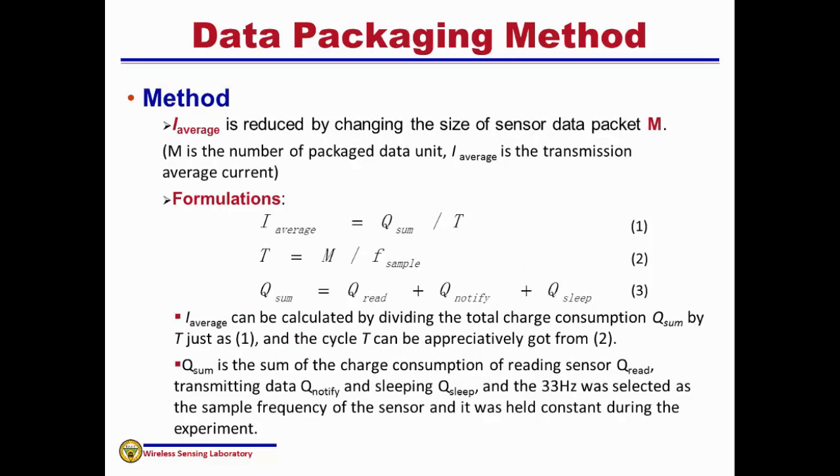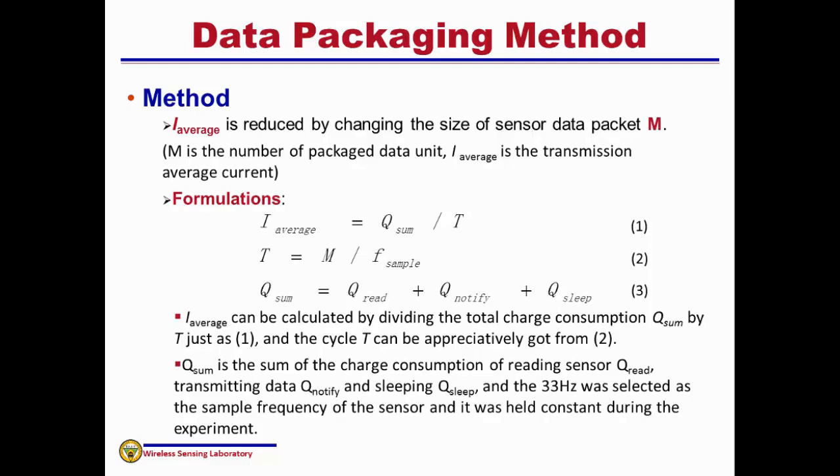So these are the 3 basic formulations we use to calculate theoretically. The average current can be calculated by the charge divided by the time, and the time can be calculated from the number of the data and the sampling frequency.